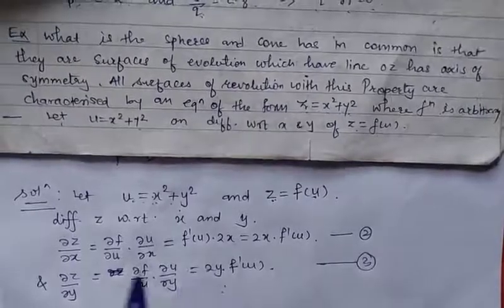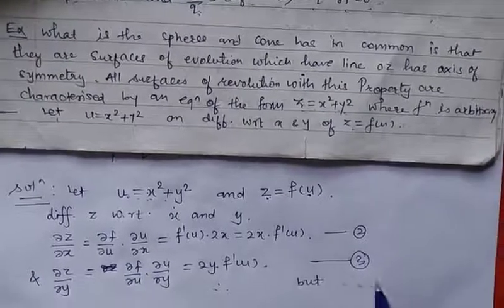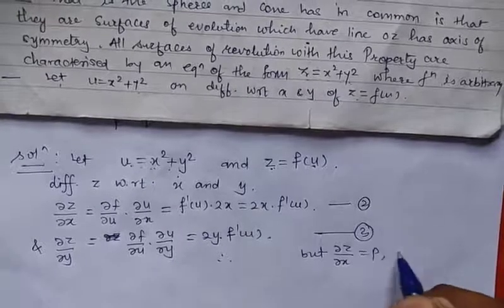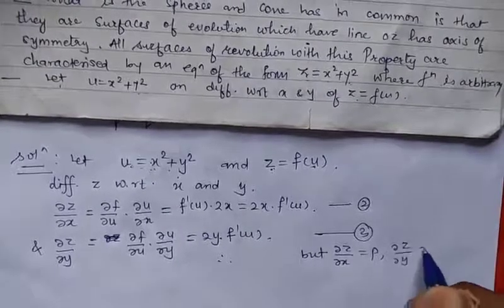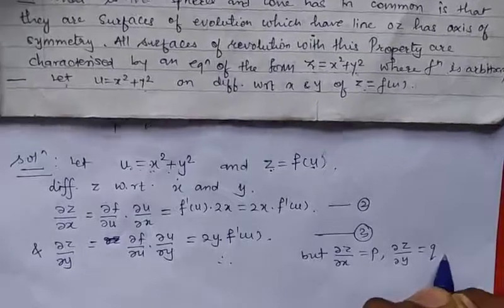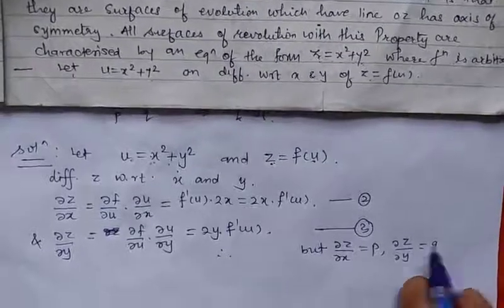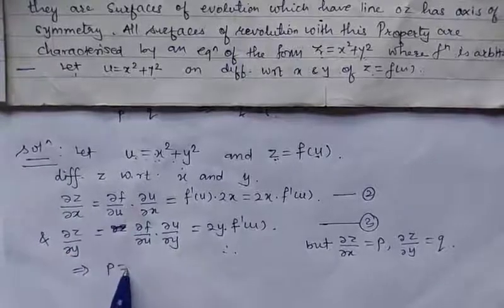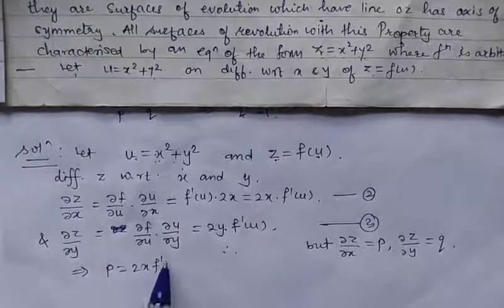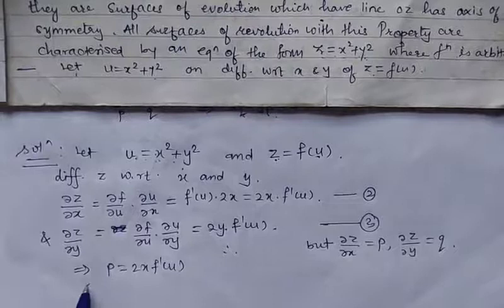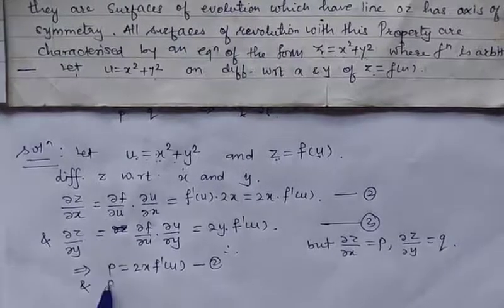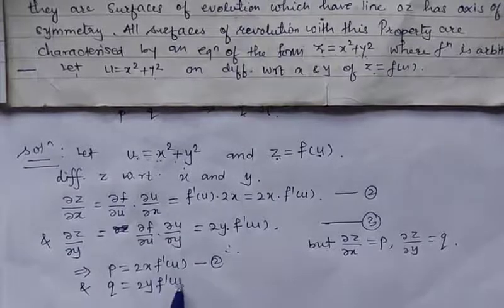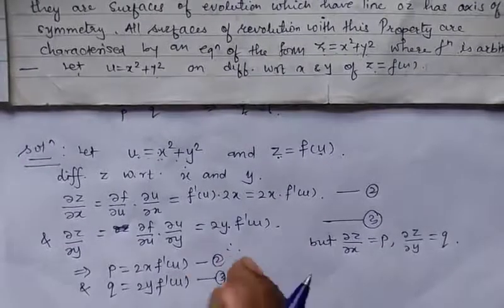But we have ∂z/∂x as p and ∂z/∂y as q. Remember this always. Therefore, substituting, p is equal to 2x f dash u, this is equation number 2, and q is 2y into f dash u, this is equation number 3.